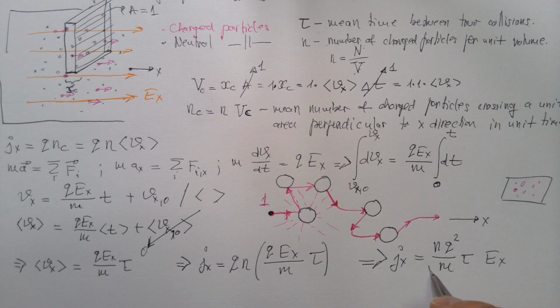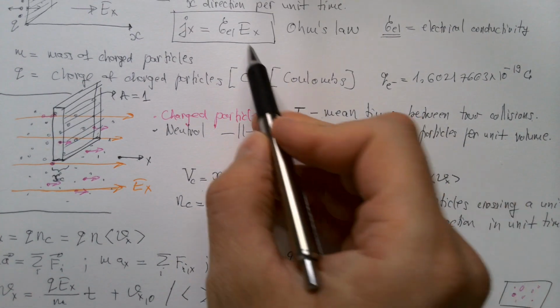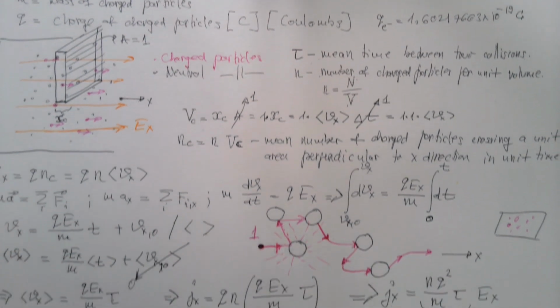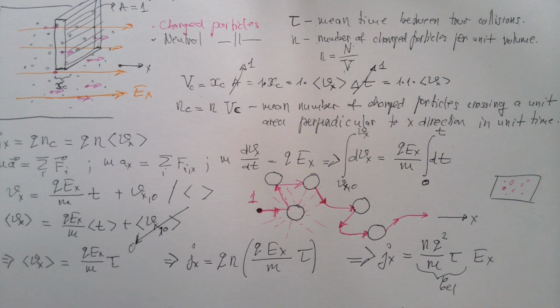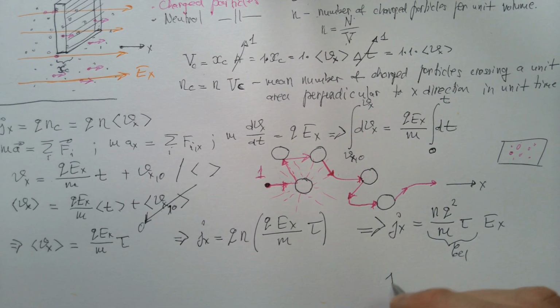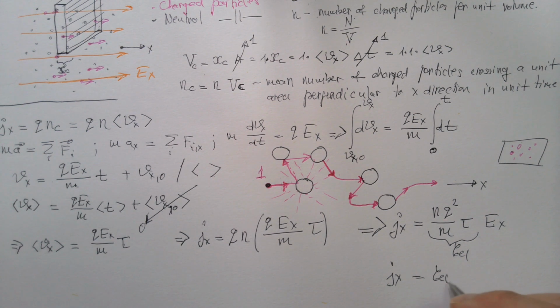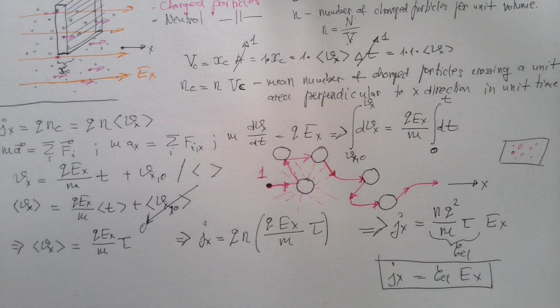And this quantity over here is called sigma L, which I introduced here as the electrical conductivity. So you can see that we derived Ohm's law using kinetic theory of gases. You can see therefore from here that Jx is equal to sigma L Ex, and that's the Ohm's law that we started this video with.